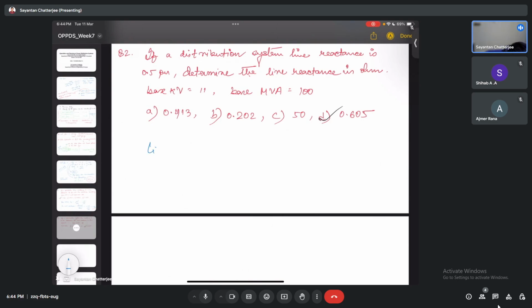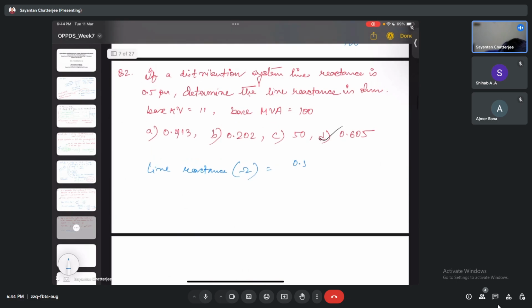So line reactance in ohm, 0.5 is already given, per unit is actual by base. Now the base is 11 square by 100, so 0.605.